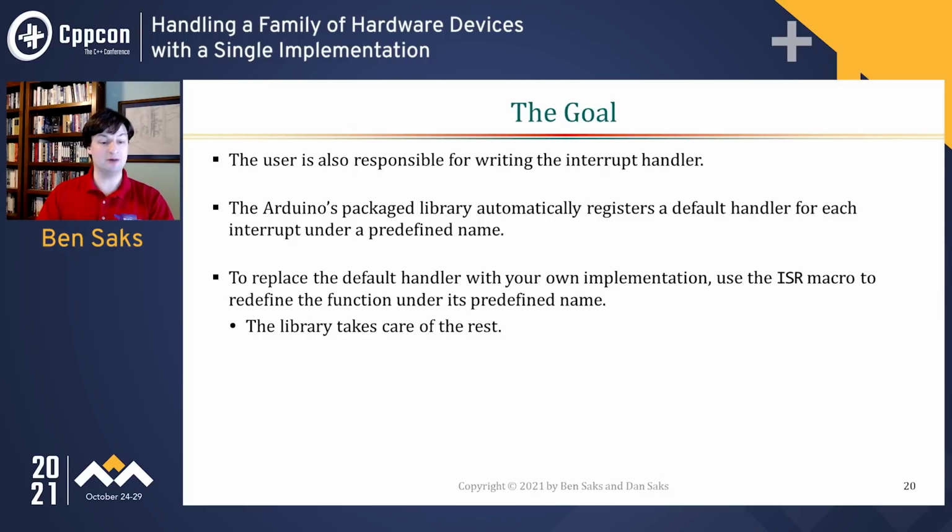So your job, if you want to replace that default interrupt handler, is you simply need to use this ISR macro to redefine the function, giving it the same name that the library has assigned to it. And the library will take care of the rest of actually setting it up so that the hardware points to it in the right places and will call the function when the interrupt actually occurs.